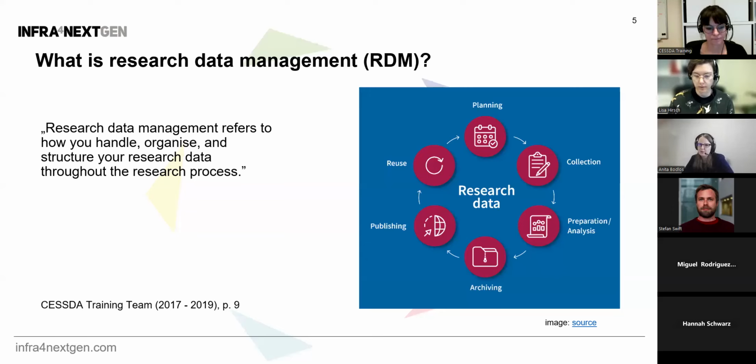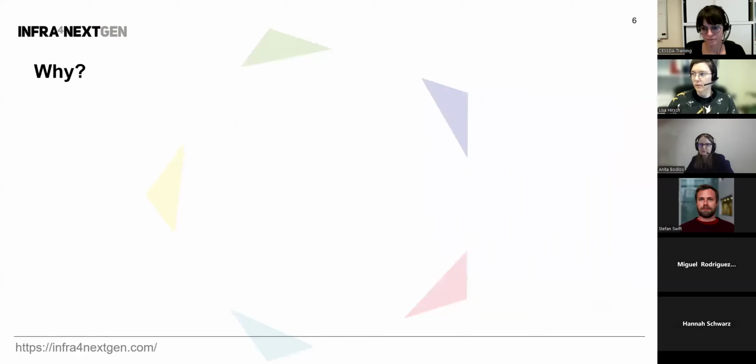So basically the goal is to make your data reusable, or if you reuse data from others, good research data management will reveal itself if you can reuse it easily, understand the data easily, and can work with them easily.